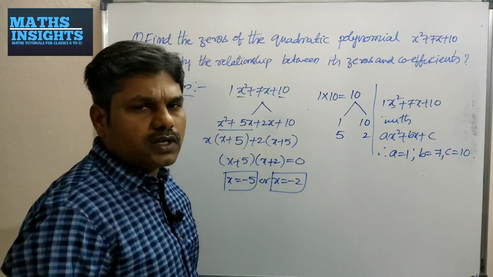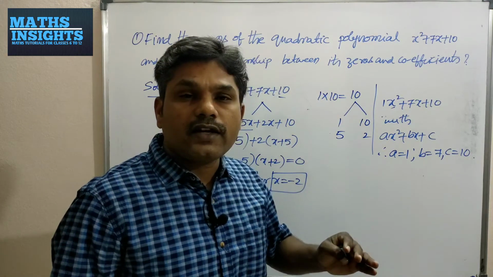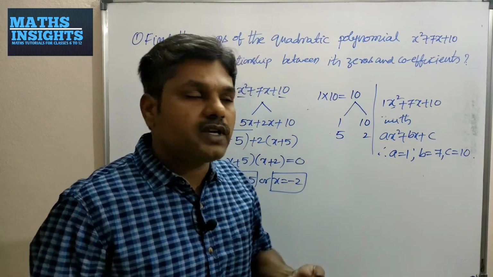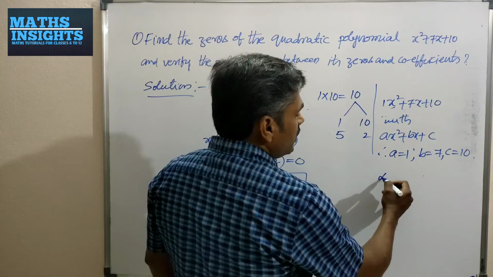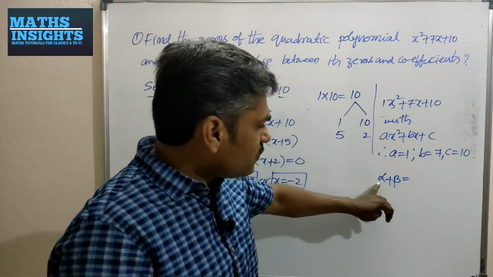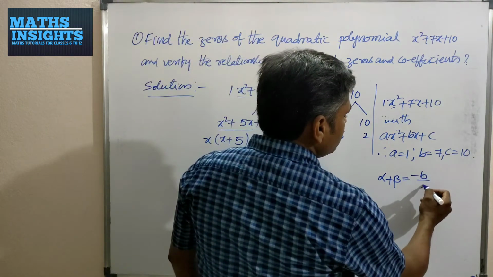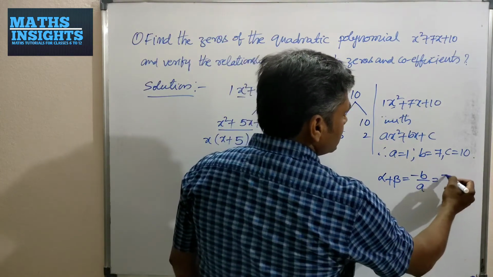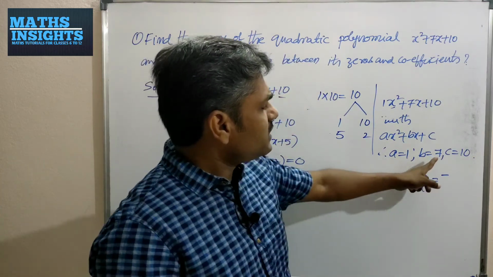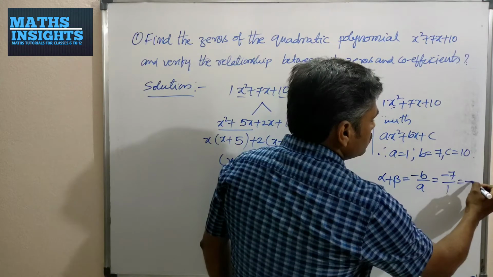You know the formula: the sum of two zeros can be calculated by using the formula minus b by a. Let alpha and beta be the two zeros, then the sum of those two zeros is minus b by a. What is b? b is 7, so minus 7 by 1, that is equal to minus 7.